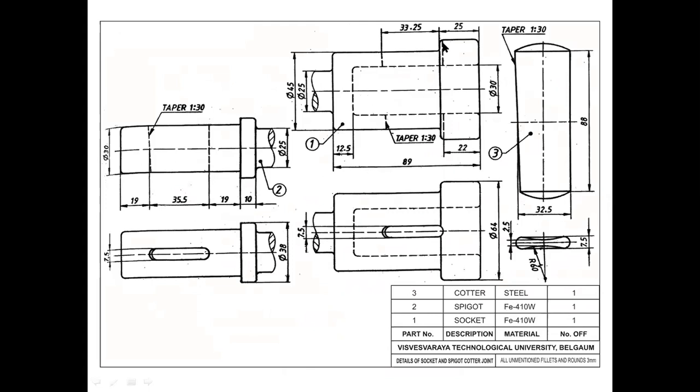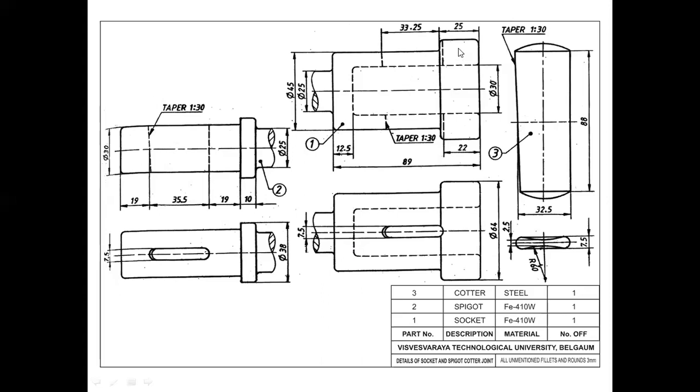First, this part will be called in the assembly. Then after this, the spigot will be called and it will be inserted inside the cylinder of the socket. Then after that, to fix this socket and spigot joint, we'll be having the cotter. Okay, we'll be having the third part, the cotter.